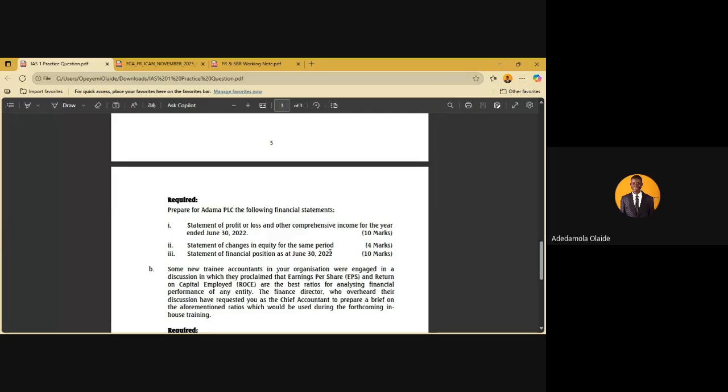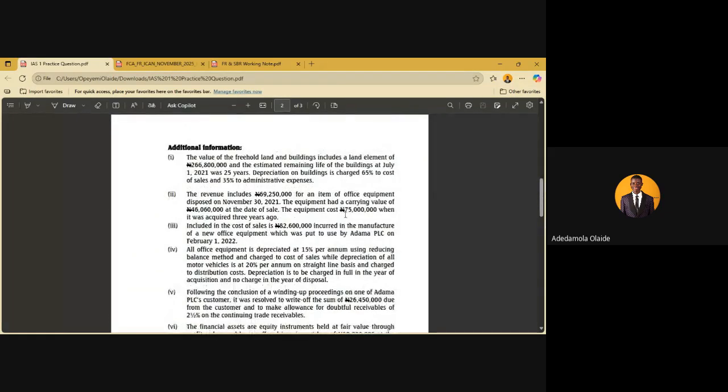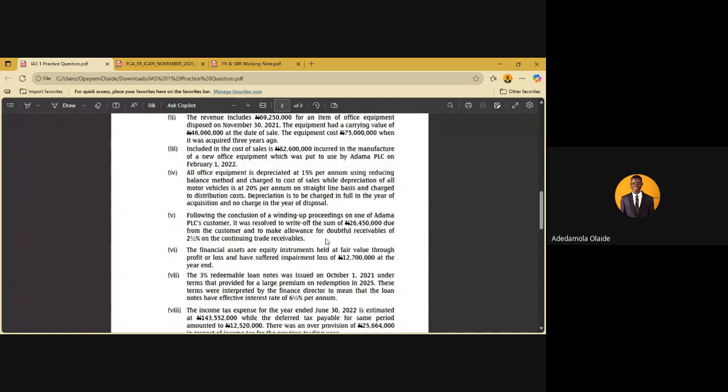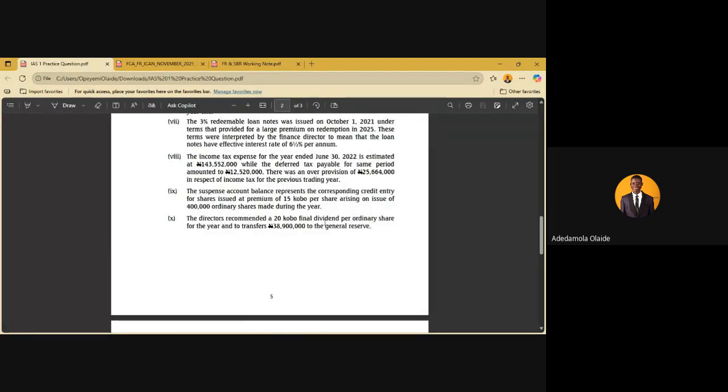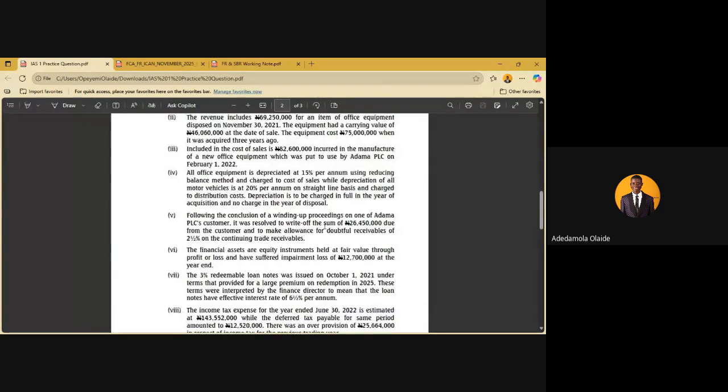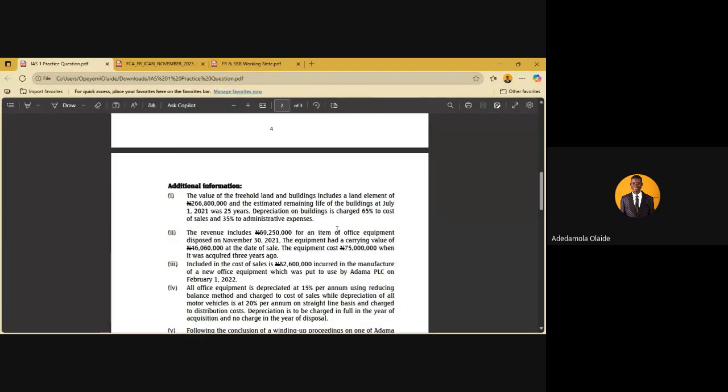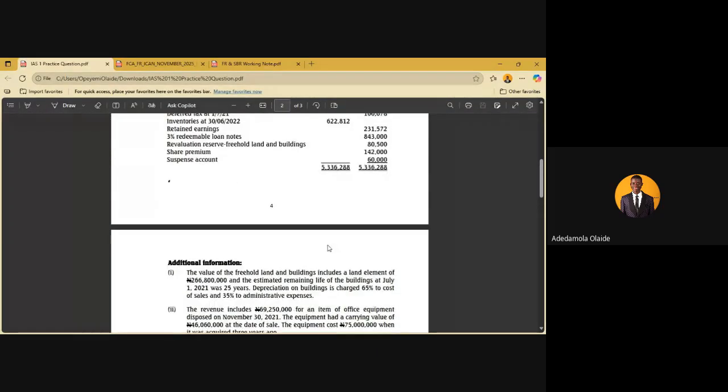Okay, thank you very much. So from all what we have read so far, realize that the question is a bit packed with additional information spanning across the likes of IAS 16, IFRS 9, IAS 12, and so on and so forth, with some other little adjustments we have to do here and there for some transactions.